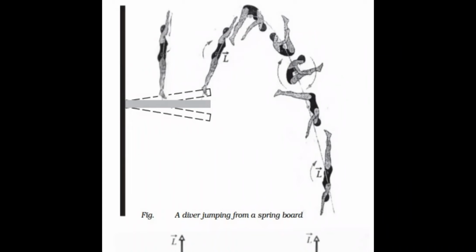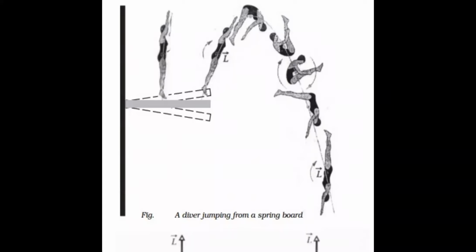So for a diver, it's the same concept. When the distance reduces, what is going to happen? The moment of inertia will also reduce, and then speed will increase. So he is able to spin faster in mid-air.